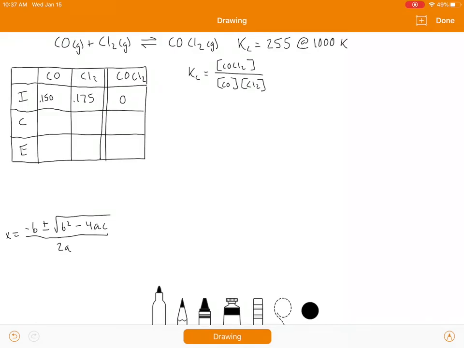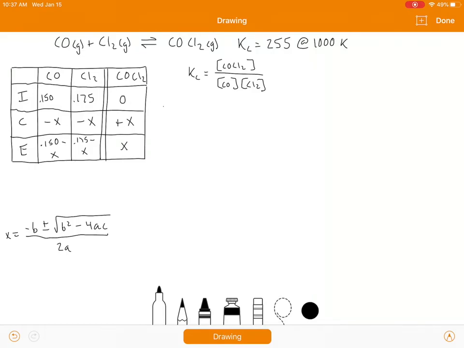I also drew out the K expression on the top there, products over reactants raised to the coefficients. Since all the coefficients are 1, the change is going to be minus x for reactants and plus x for the product. And so that means at equilibrium you'll get just x, you'll get 0.175 minus x and 0.150 minus x.